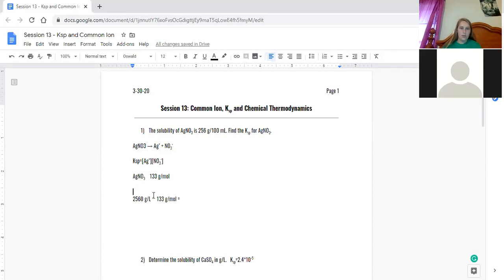So this is just grams. We don't have to put the liters in here yet. That's why I was confusing myself. So this is dividing, that's right. So then you end up getting the number of moles. And so what are you guys coming up with for that?